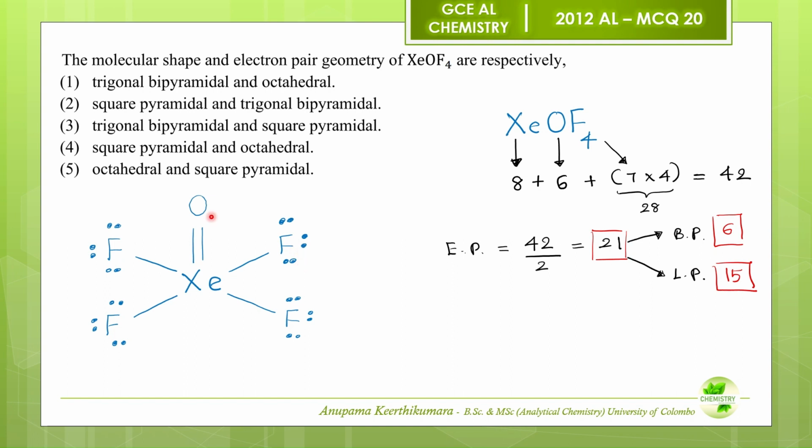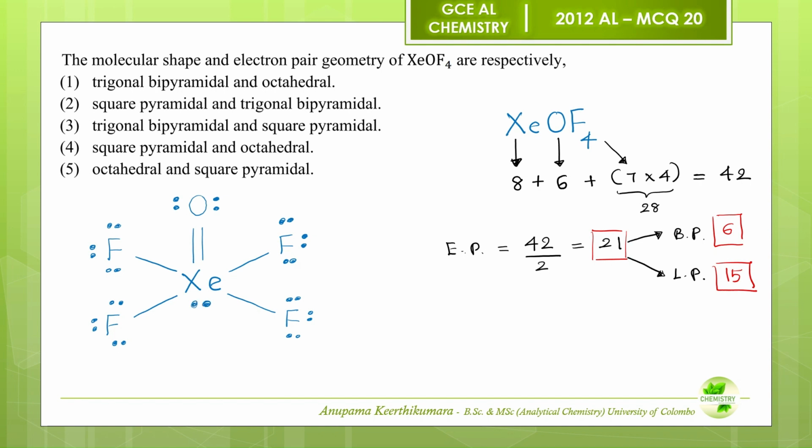Now we will give an octet to the oxygen atom. Because of this double covalent bond, the oxygen atom has 4 electrons. Therefore, we need to assign 2 lone pairs to this oxygen atom. Now we have assigned 14 lone pairs around these 5 atoms. But there are 15 lone pairs. Therefore, the remaining lone pair should be assigned to the xenon atom.